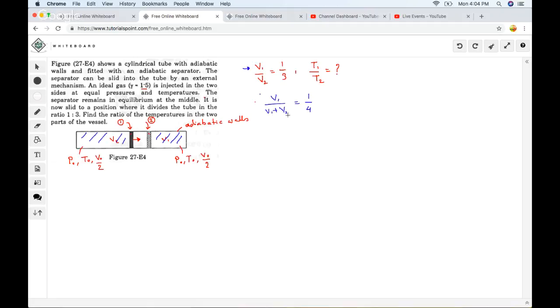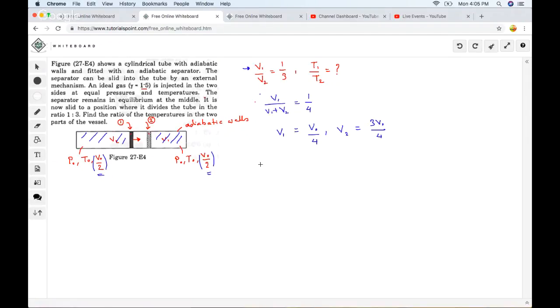V1 plus V2 is V naught, since we have assumed V naught is the volume of the cylinder. That is why we wrote V naught by 2 and V naught by 2 initially. No matter what V1 or V2 is, V1 plus V2 will always be V naught. So V1 will be V naught by 4, and V2 will be 3V naught by 4.